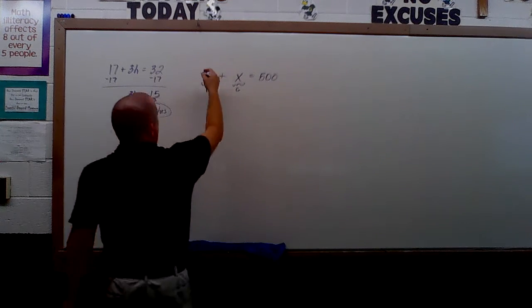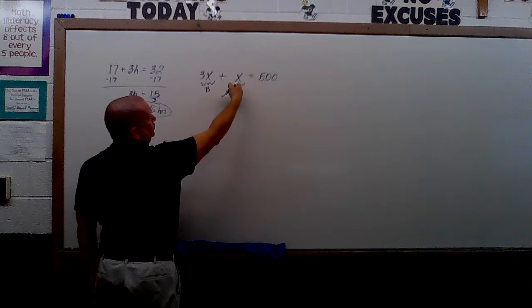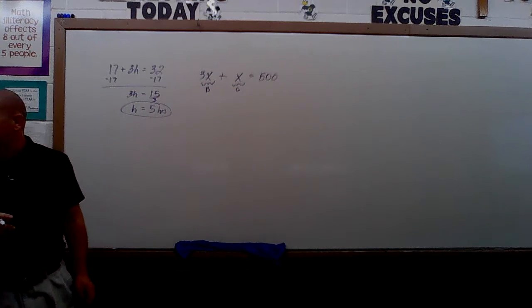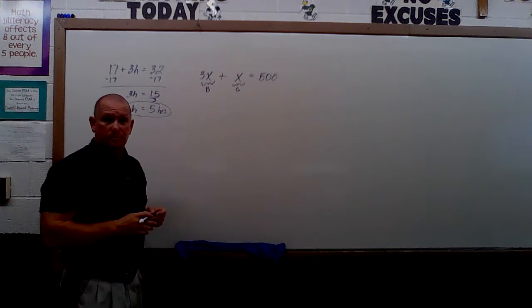For the boys, right? So the boys did 3 times as much as the girls. If the girls did X, wouldn't 3 times X be more than what the girls did? Okay?